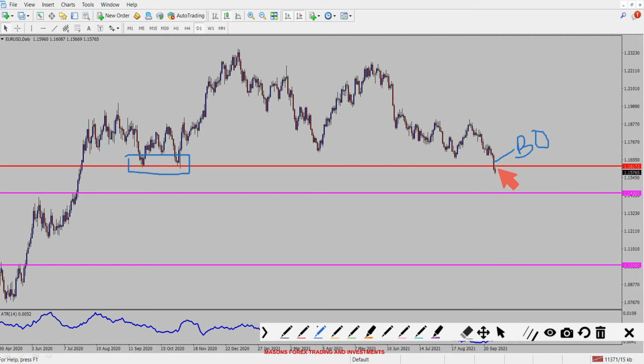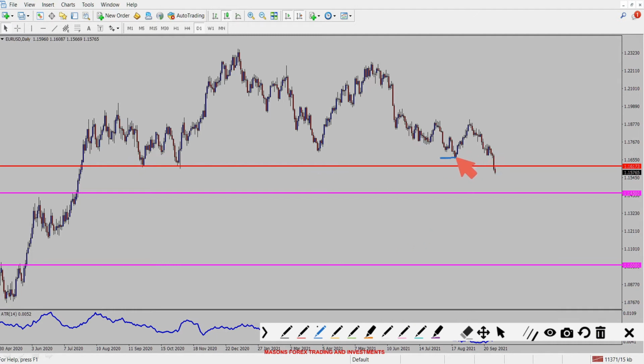Since this closed lower than this specific level of 1.16173, it gives us an indication price may move lower to our level of 1.14500, and it may even move much lower to 1.10000. How can we enter this trade?